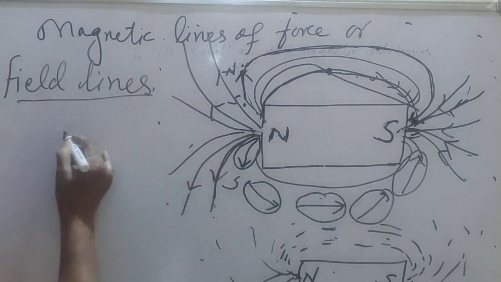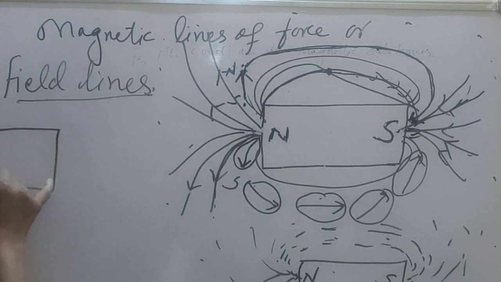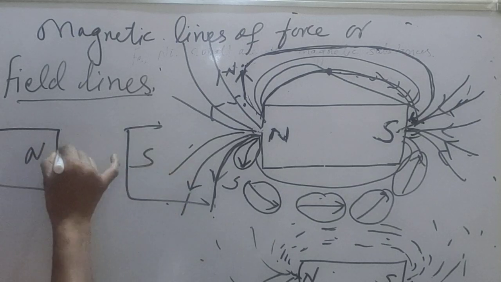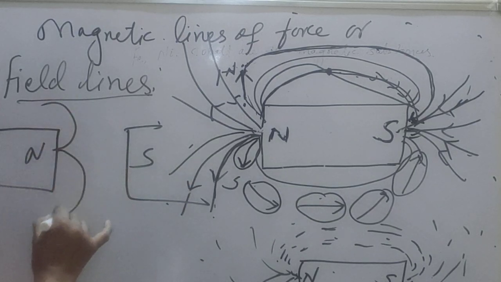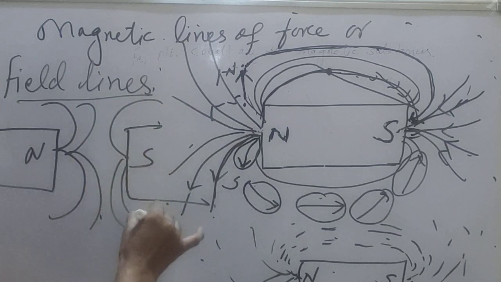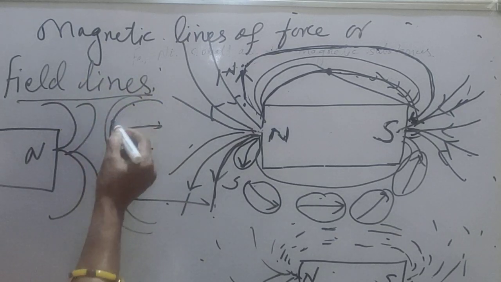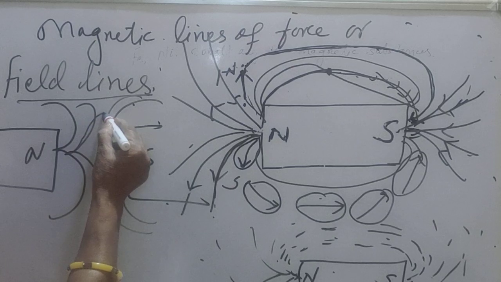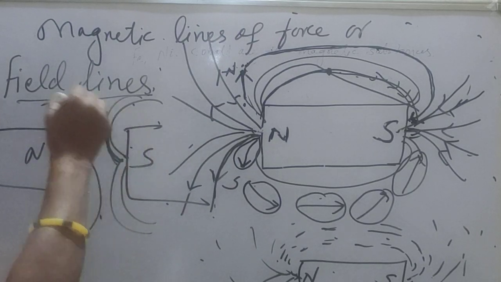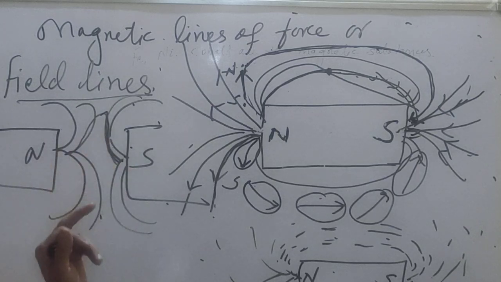So suppose we have two magnets with opposite poles facing. The field line of the north pole of this magnet is like this, and the south pole will have this kind of field lines. So these field lines join with these field lines at this end of the second magnet.